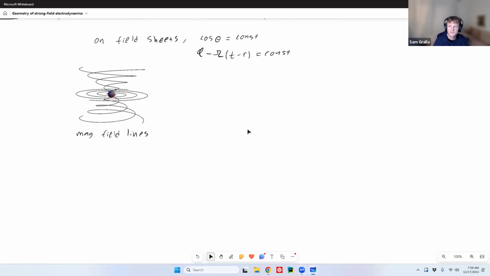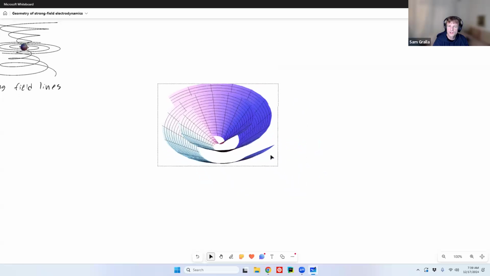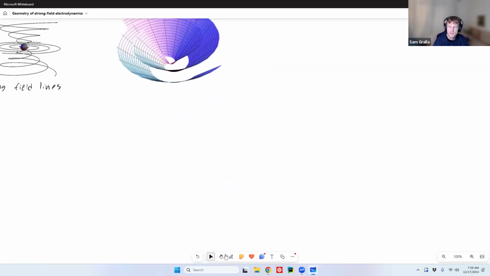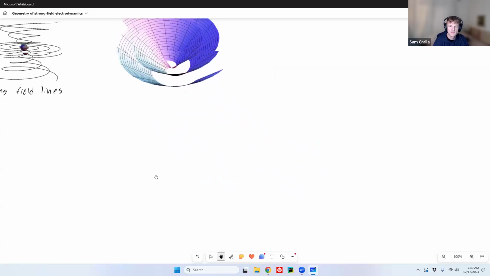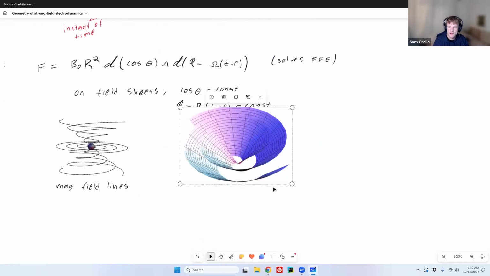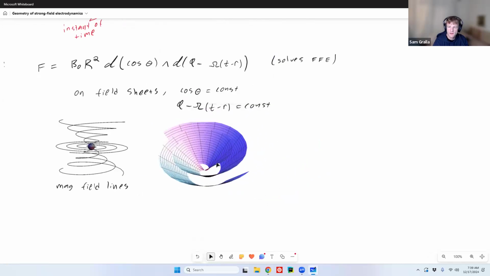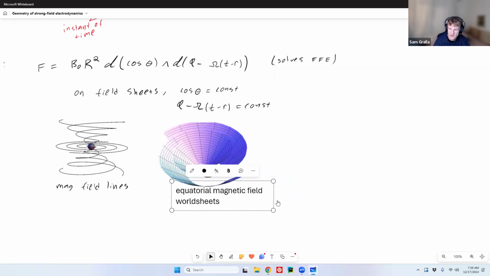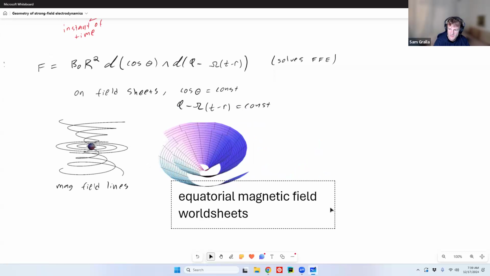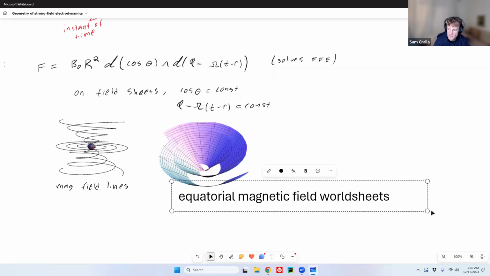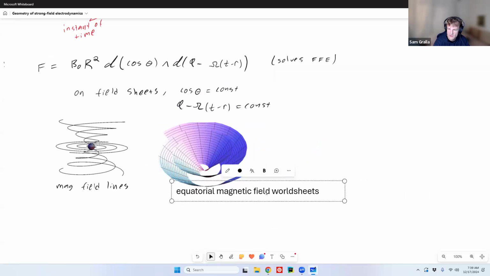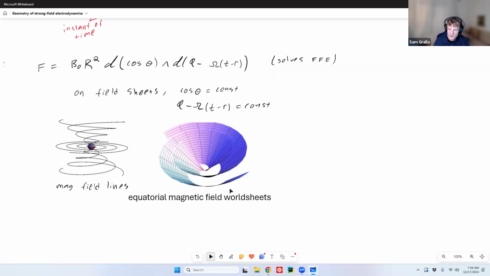And here are the magnetic field sheets in space-time. So here what we've got is the equatorial magnetic field sheet. So let me write all that out. Equatorial magnetic field world sheets. And so you can see that the field lines themselves, when we reckon them in a given frame, have this kind of Archimedean spiral.